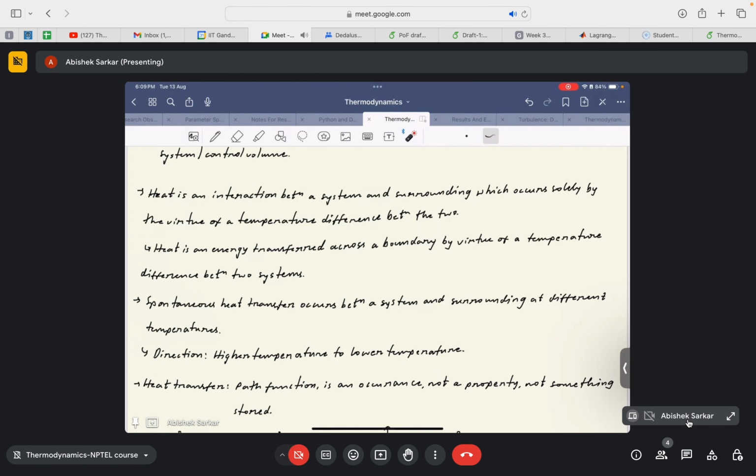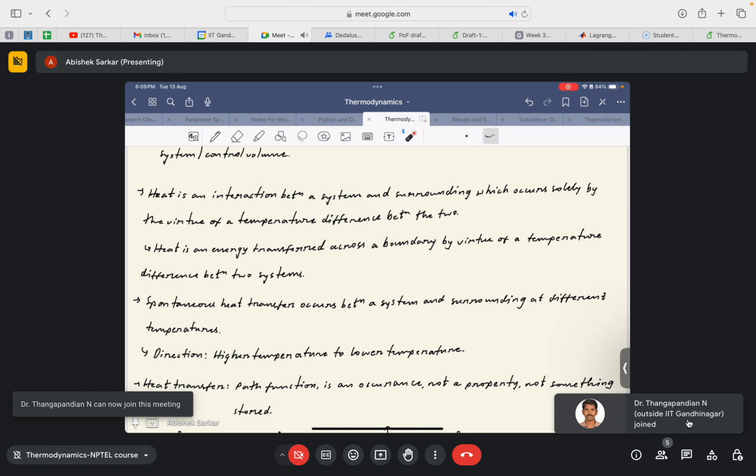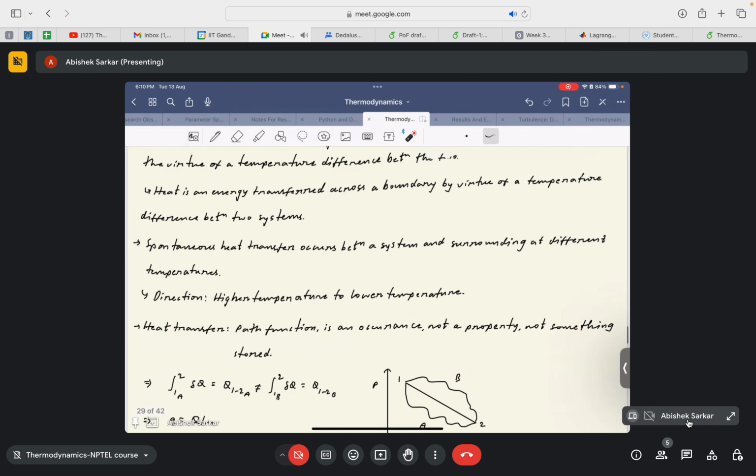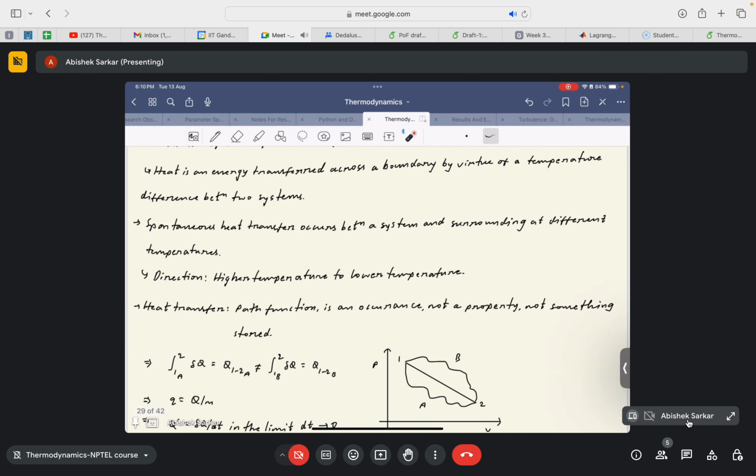Spontaneous heat transfer occurs from higher temperature to lower temperature. Of course the vice versa is also possible, but it will not be termed as spontaneous.